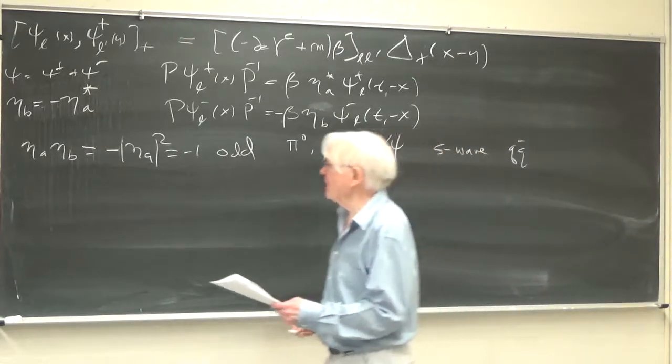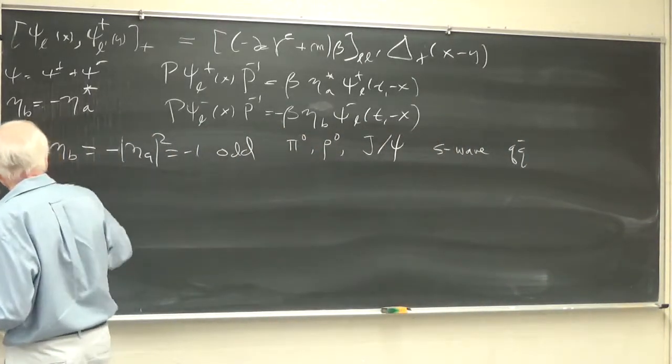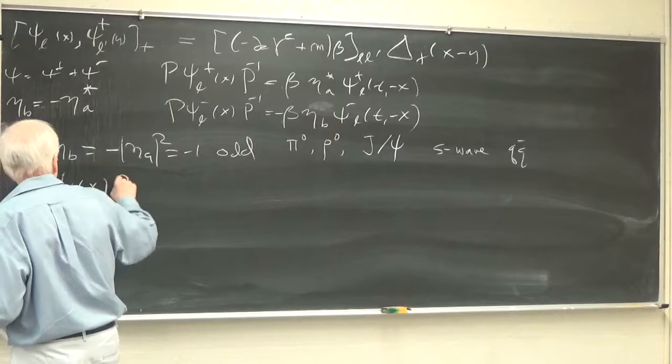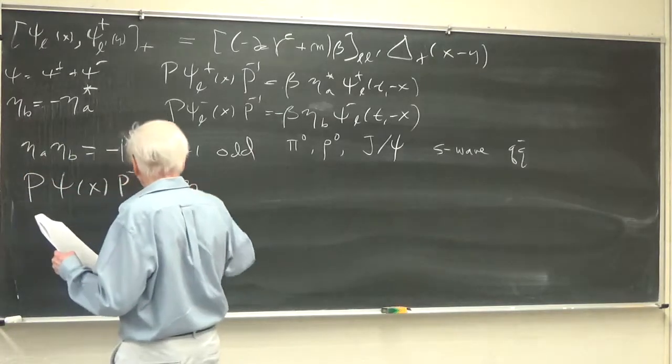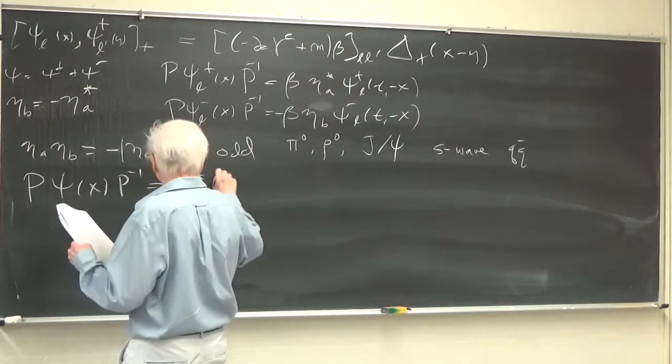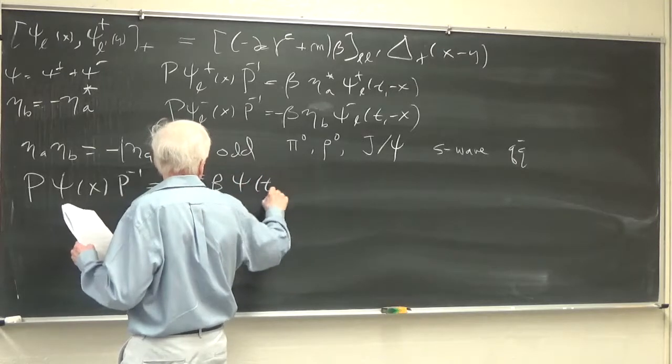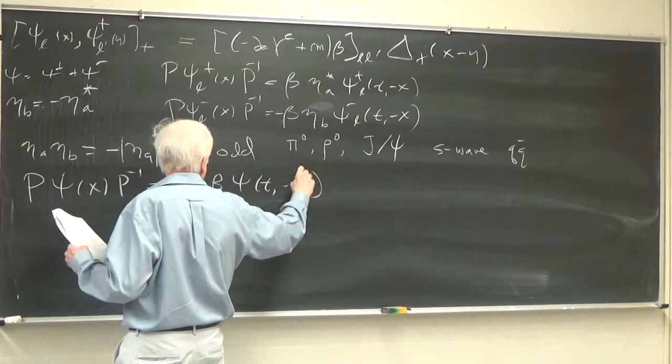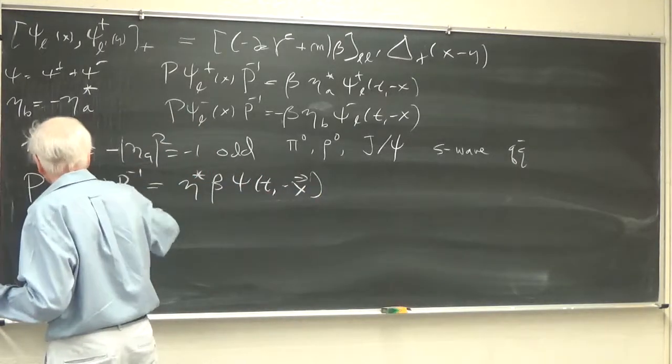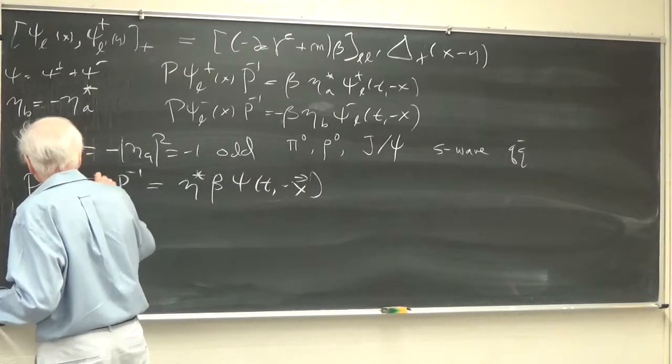And altogether, under parity, a Dirac field does this. It's eta star, beta psi of t and minus x. So this is t and x.